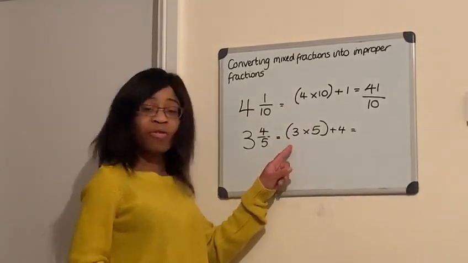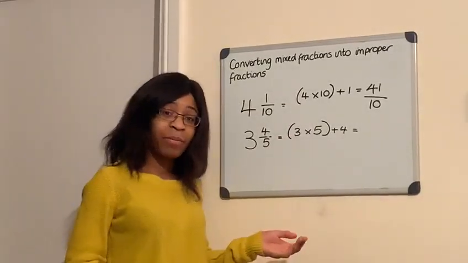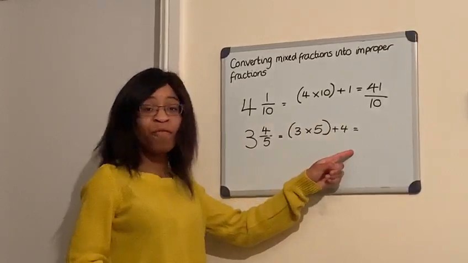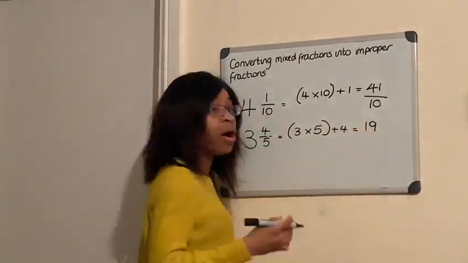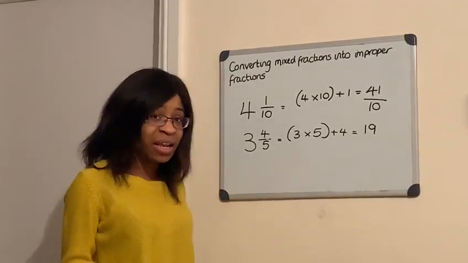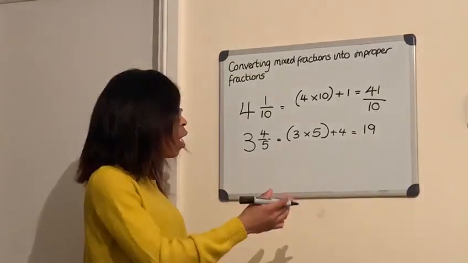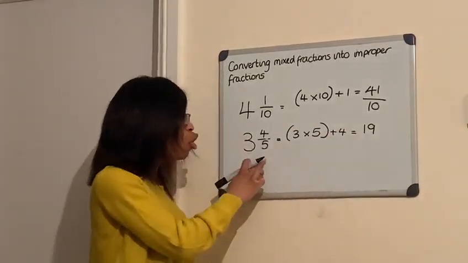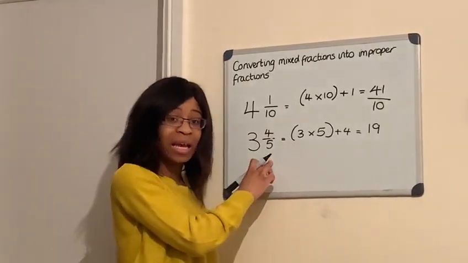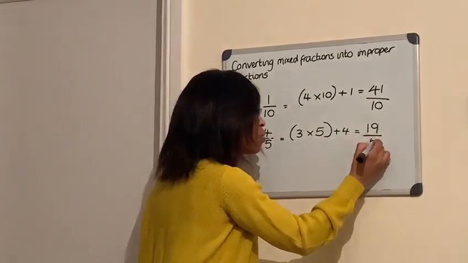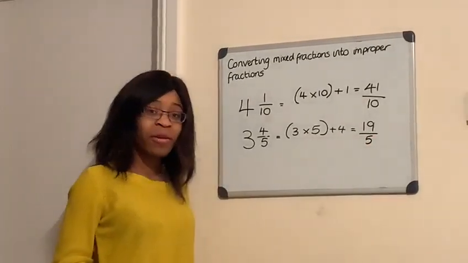So 3 times 5 comes to 15, and then we have to then add 4, and then we get to 19. Now our answer is not 19, okay? Our answer would be 19 all over the same denominator that we started with in the beginning. So it's really 19/5.